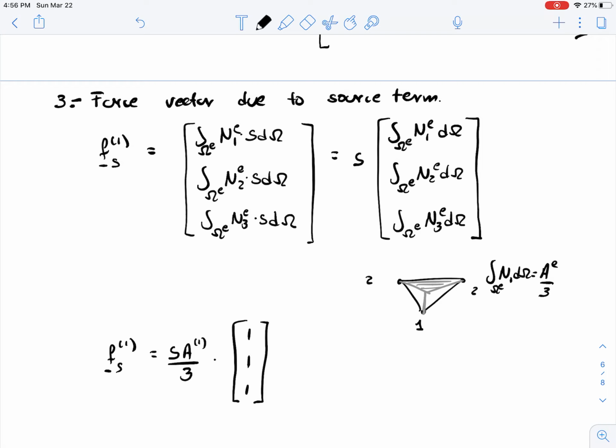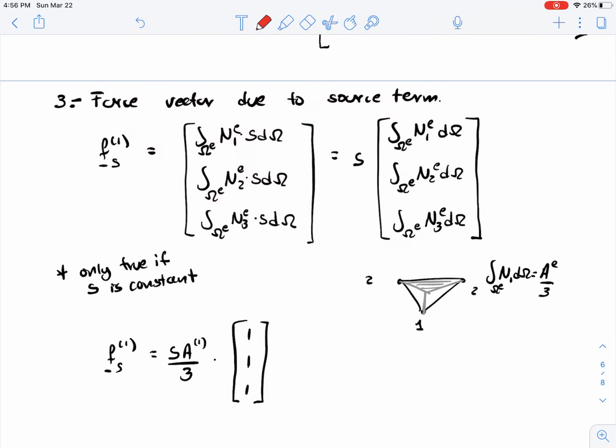So this is true because S is a constant. But that's what we are going to do in this class, so it's fine.